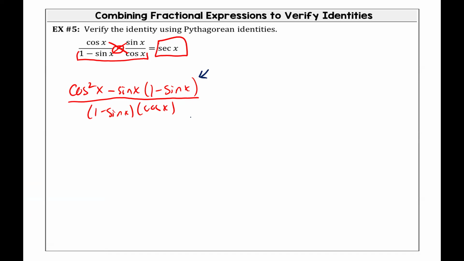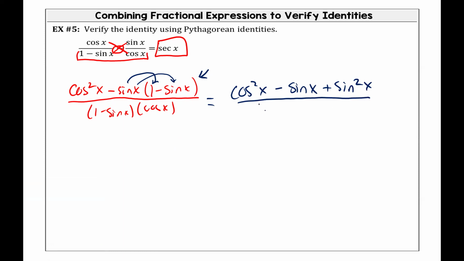I'm distributing negative sine x, so we get cosine squared x minus sine x plus sine squared x, all over 1 minus sine x times cosine x.